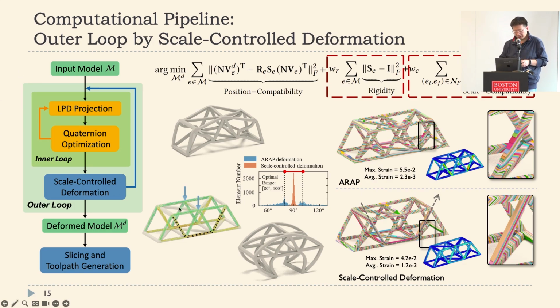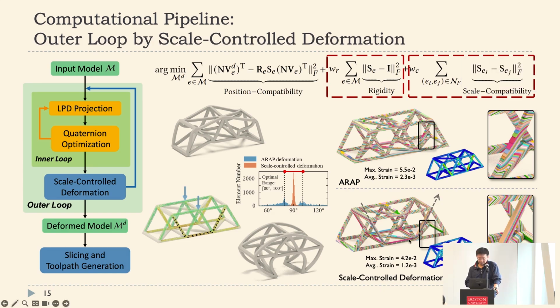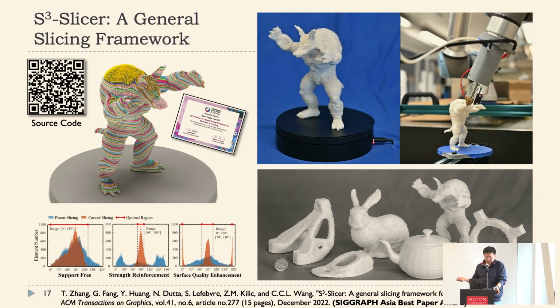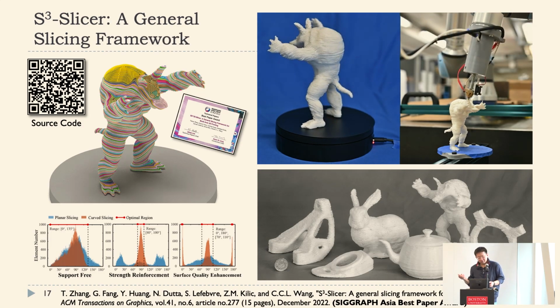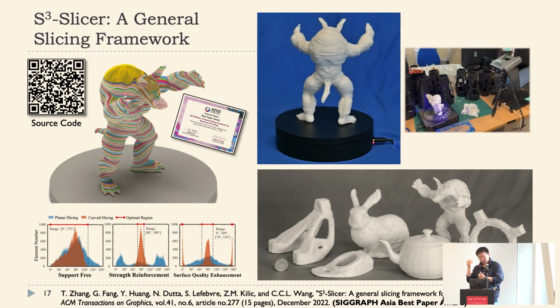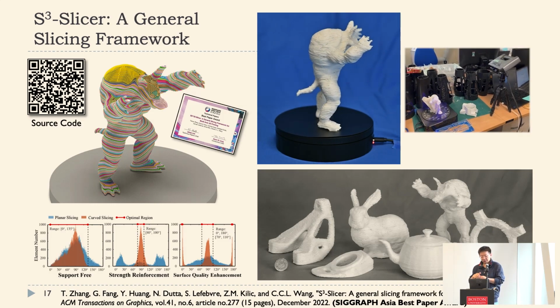So this is the best deformation we can achieve according to all those requirements: surface reinforcement, mechanical strength reinforcement, surface quality, and also the support-free requirement, which is satisfied on this model. What you can see here is the curved layers, which completely follow the principal stress direction. Okay. And then we tested on the very famous armadillo model, with support-free, mechanical strength and also surface quality.